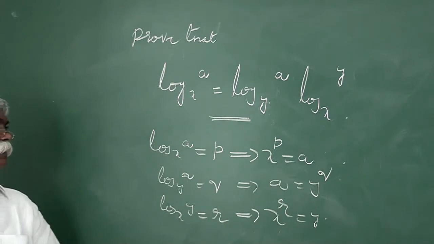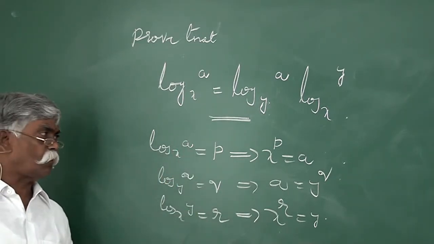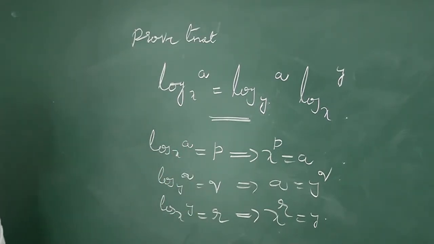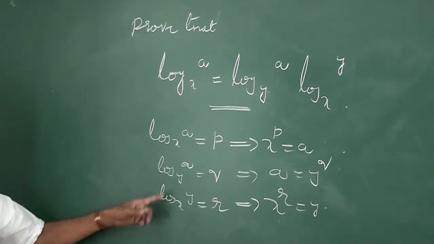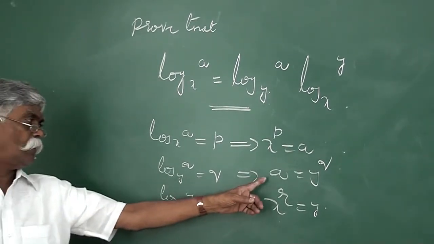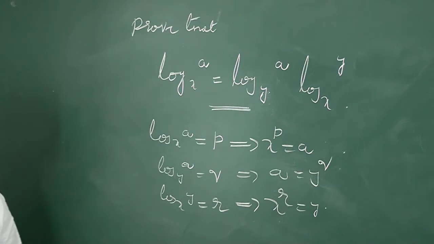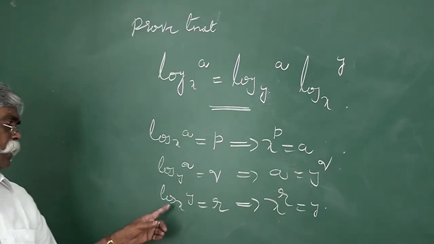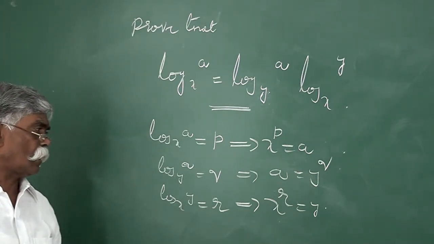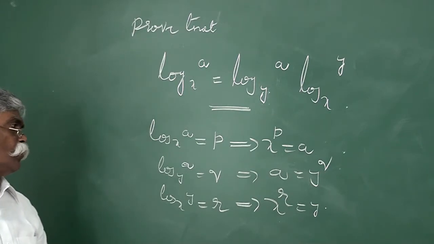When we have taken the first result as p, x power p equal to a, and log a base y is q, therefore a is equal to y power q, and log y to the base x is r, x power r is equal to y.